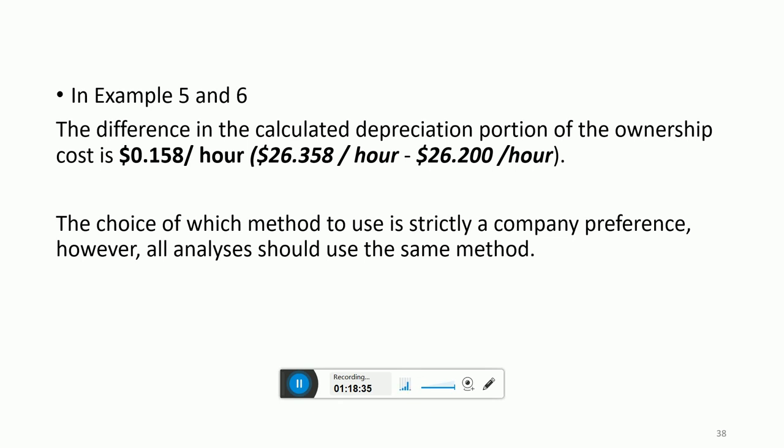So if we are going to secure a particular type of machine, there are three different methods. As we have discussed in our first lecture, we can buy the equipment directly, which is direct ownership. The second one is rent, and the third one is lease. Each method has its own advantages and disadvantages.